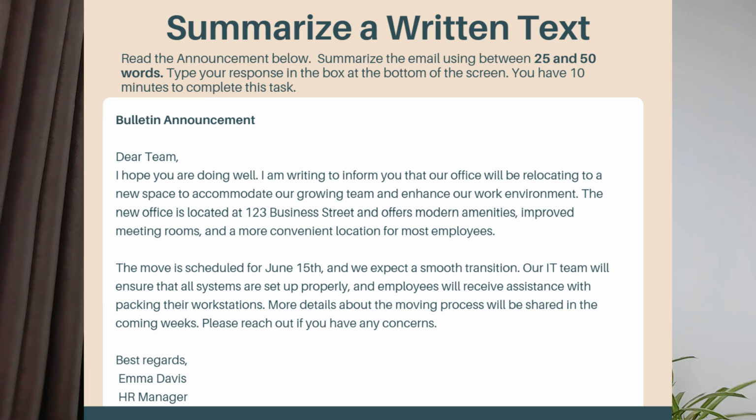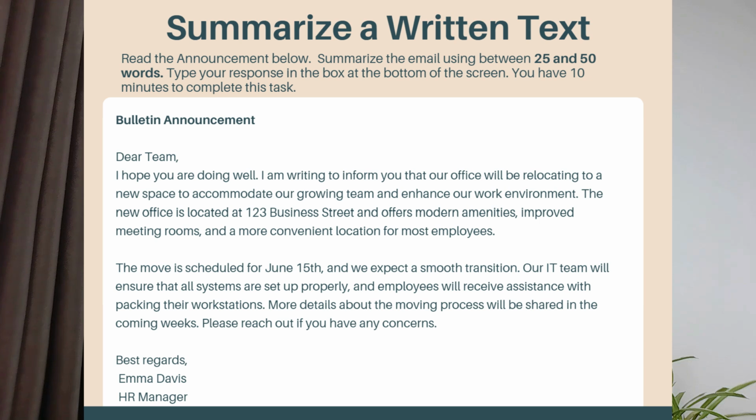"Dear team, I hope you are doing well. I'm writing to inform you that our office will be relocating to a new space to accommodate our growing team and enhance our work environment. The new office is located at 123 Business Street and offers modern amenities, improved meeting rooms, and more convenient locations for most employees. The move is scheduled for June 15th and we expect a smooth transition.